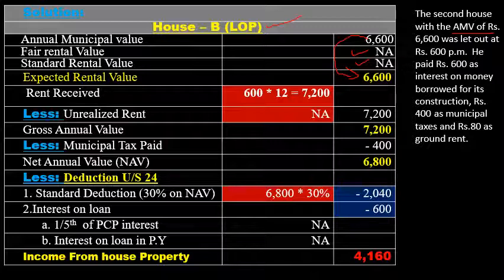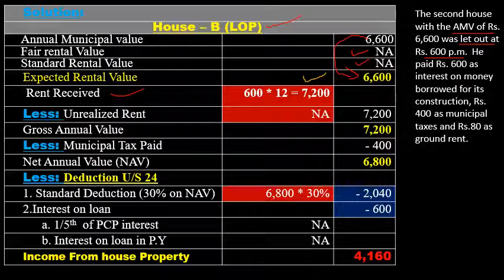Then comes rent received. Rent received or receivable for the let out duration. House B, the second house, was let out at rupees 600 per month. So for 12 months, throughout the year it was let out. So 600 into 12, 7200 is the rent received.